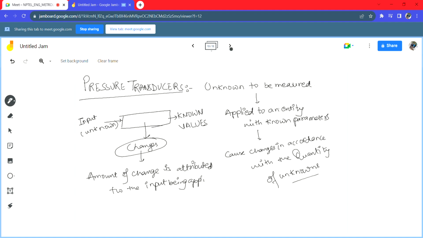Like we saw in the previous cases, with the application of temperature, the resistance was changing and we were actually measuring the resistance. The changes in the resistance corresponded to the changes in the temperatures.